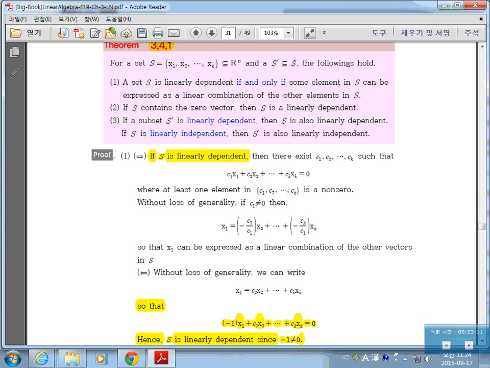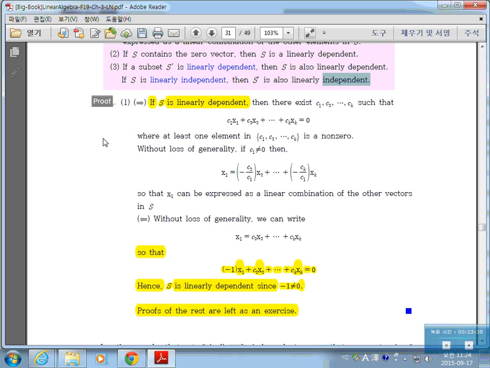The second, if S contains a zero vector, then S is linearly dependent. Third, if a subset S prime of S is linearly dependent, then S should be linearly dependent. Fourth, if S is linearly independent, then S prime is also linearly independent. These are the four important properties.